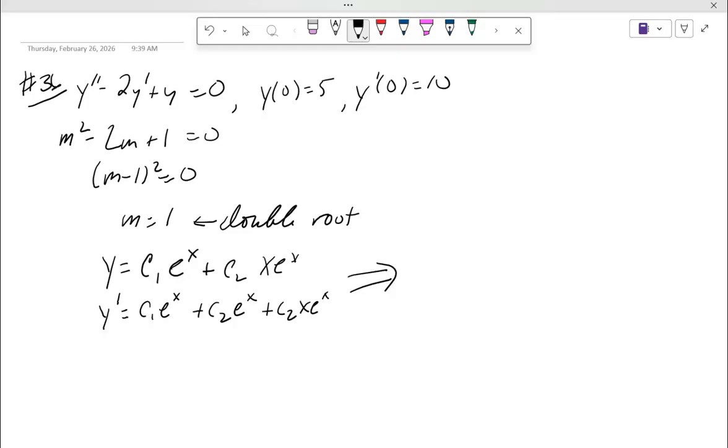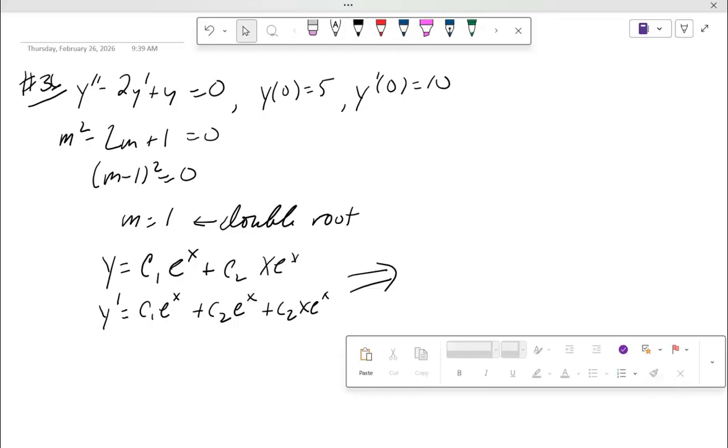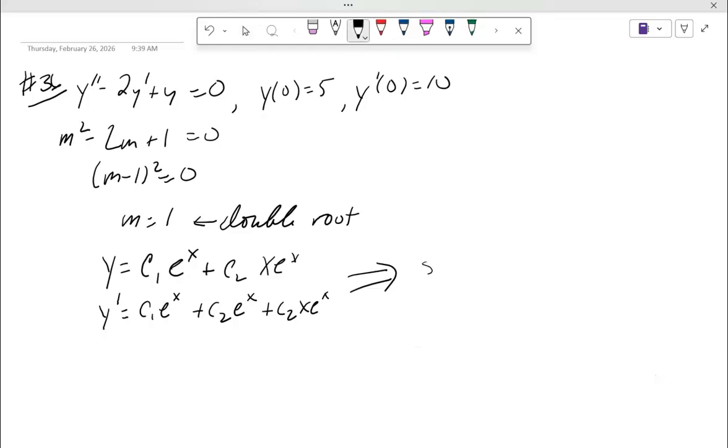What equation do you get? Just C1, good. Equals what? 5. So we're going to put 5 in for the y. Let's go ahead and just plug it all in.